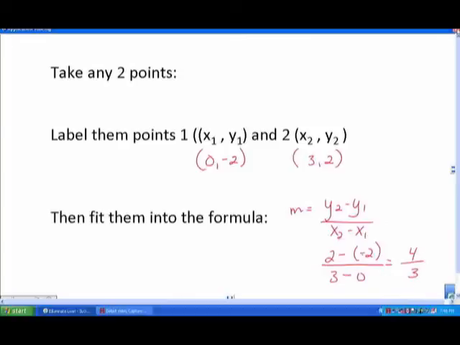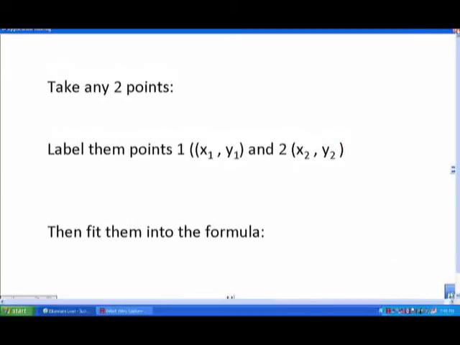Now let's calculate the second line that we did. The first point was (1, 3), and the second point was (4, negative 3).